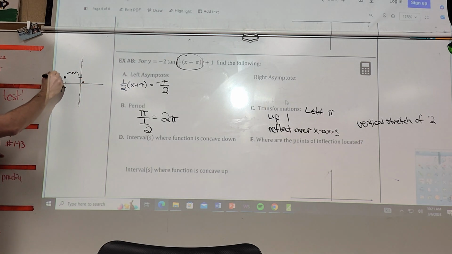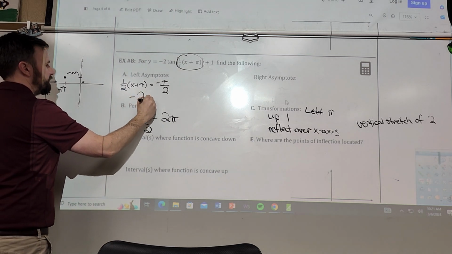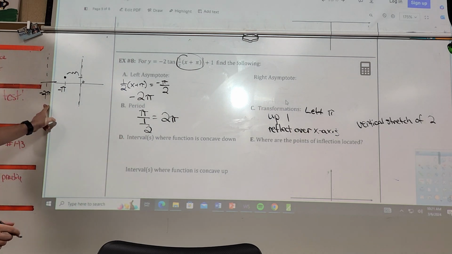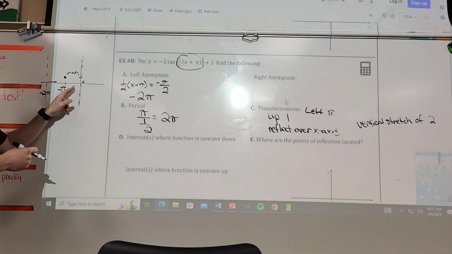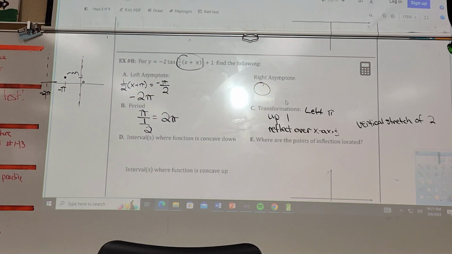If I go pi to the left, it's negative 2 pi. So my left asymptote would be negative 2 pi. You guys see how I do that? I move my 0, because does your 0 get affected by stretches, shrinks? No, but it gets affected by shifts, right? So I move my 0 and I go half on one side, half on the other.